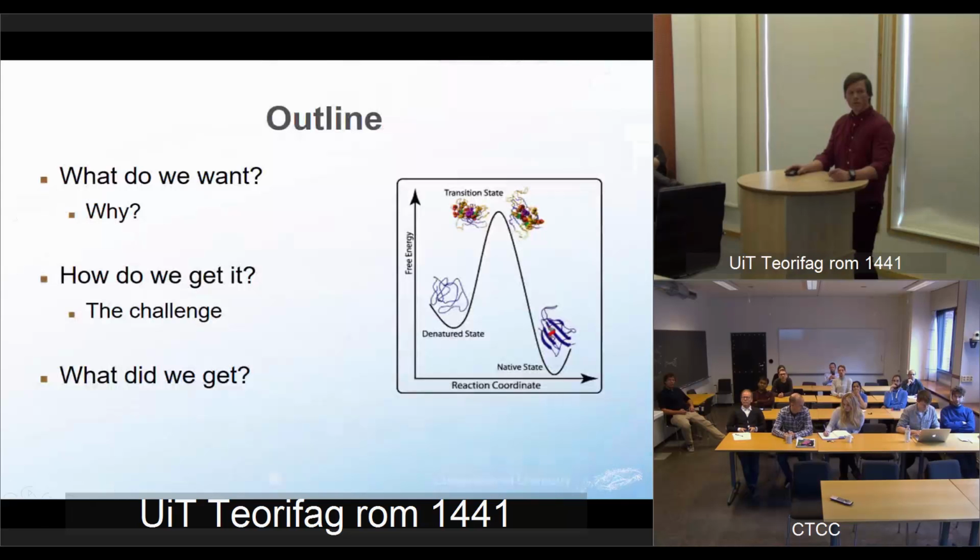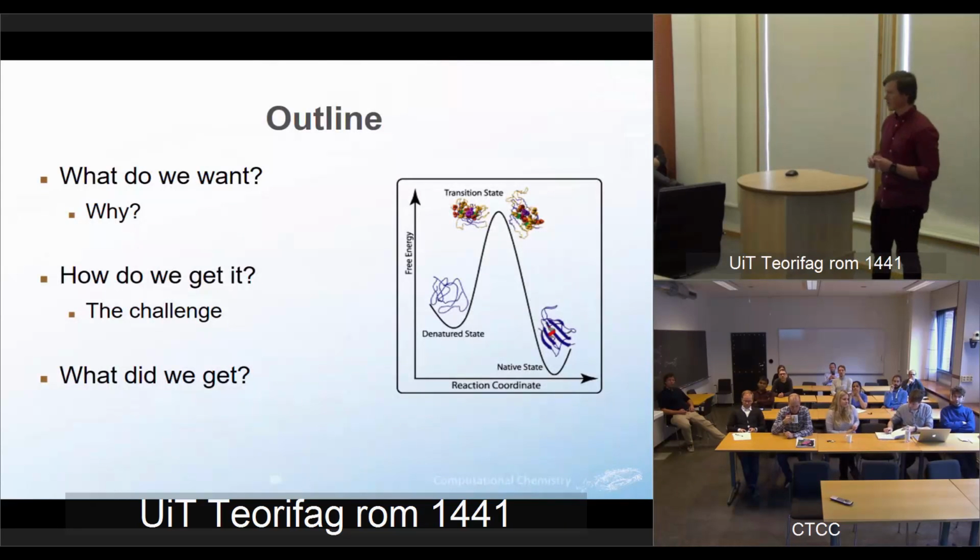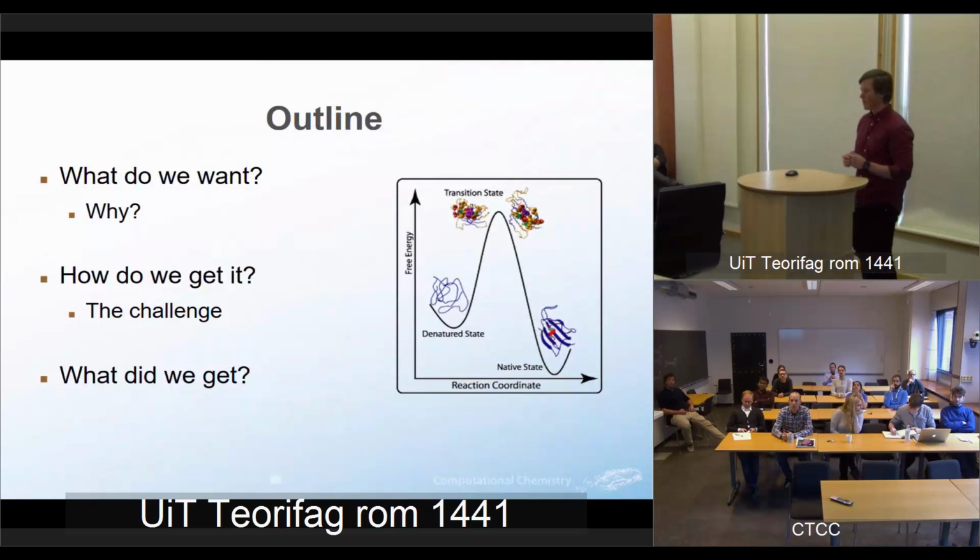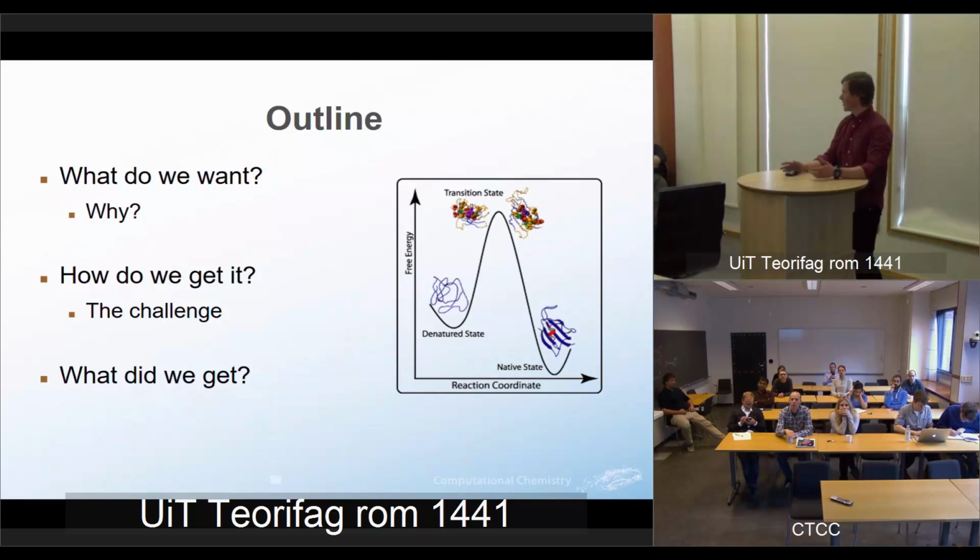So I will try to present to you the why and the what's in this project. So what do we want, and why do we want this, and how do we get it, and the challenge of getting it. And then perhaps the most interesting question is, what did we actually get?